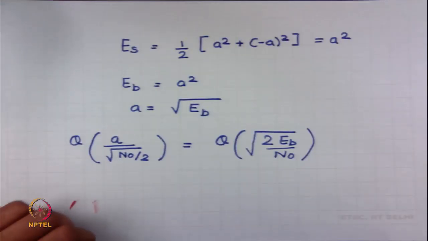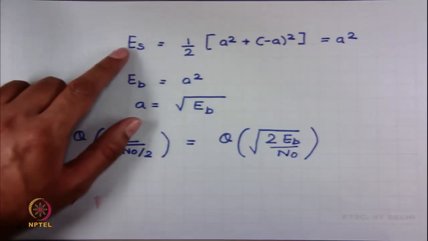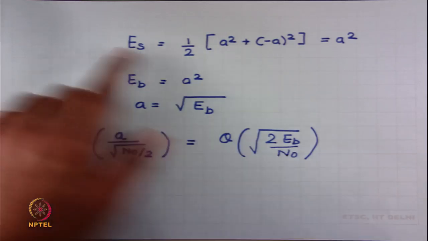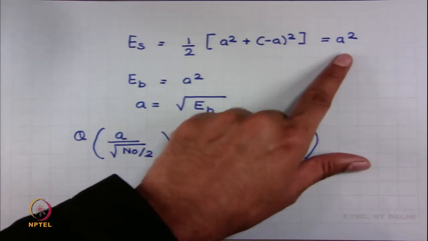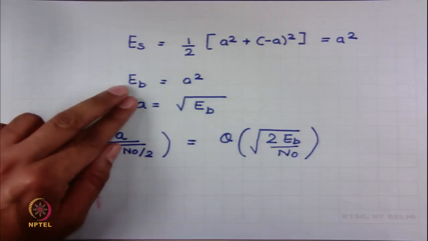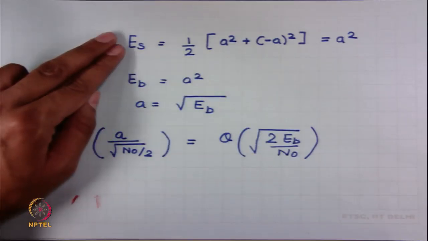We also have one more form in which we can think about this: in terms of energy per symbol. The energy per symbol in this binary antipodal PAM is simply A squared. Now, the bit energy is the same as the symbol energy, because per symbol there is only one bit in binary systems.